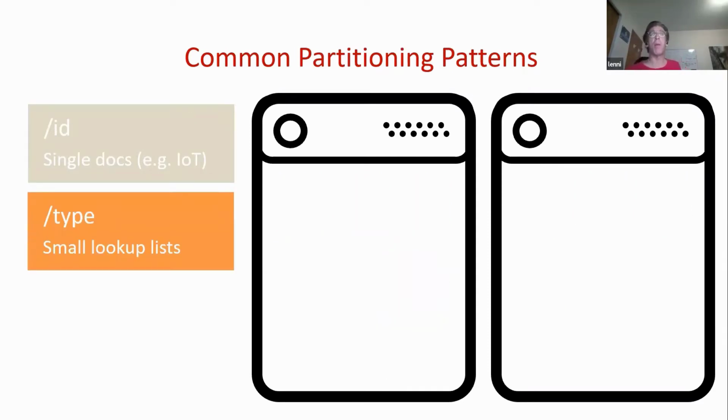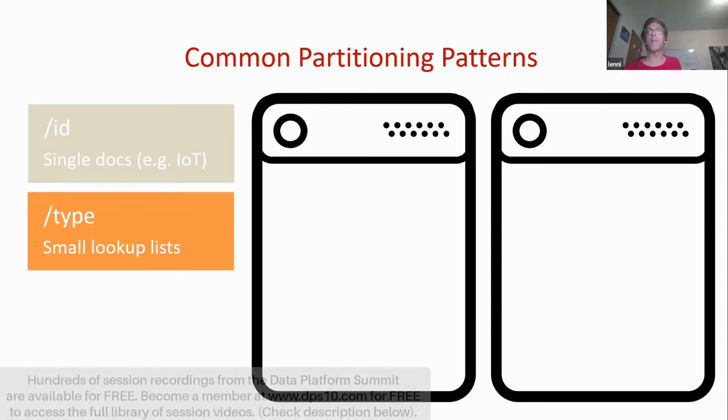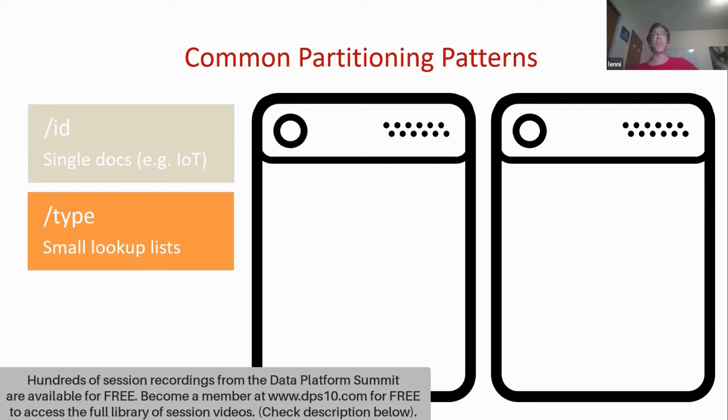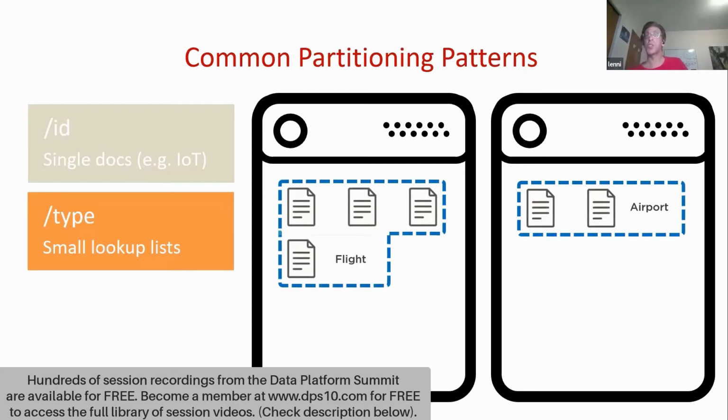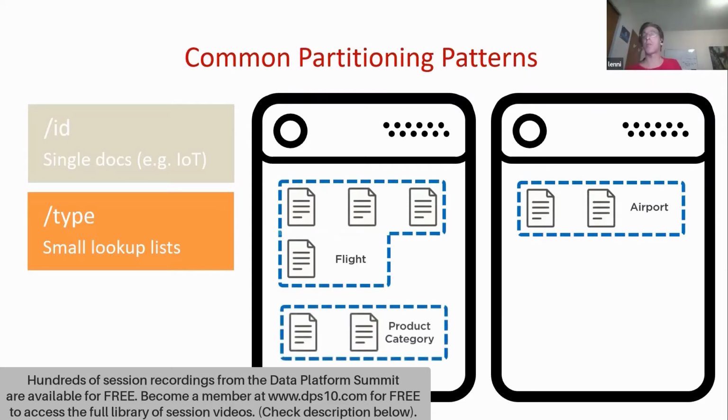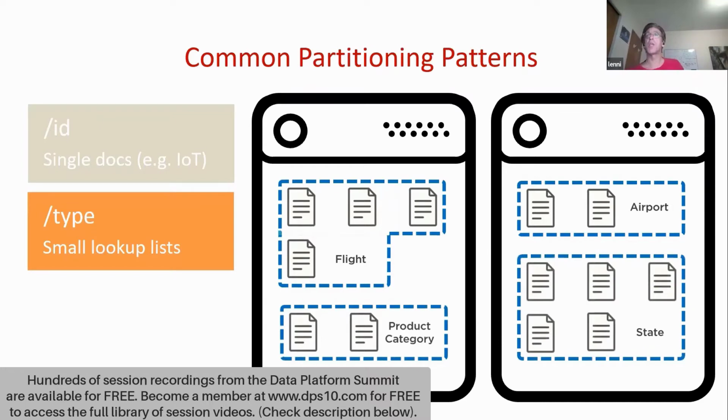Another common property you might use is a type property. Sometimes you need to store small amounts of data in Cosmos DB alongside the gargantuan containers of data, like lookup lists. Like if you were running an airport, obviously all of that IoT telemetry would be huge amounts of data, but your small lists of flights, the airports that you service, in an e-commerce scenario, your list of product categories, and what application doesn't have a list of states and provinces?